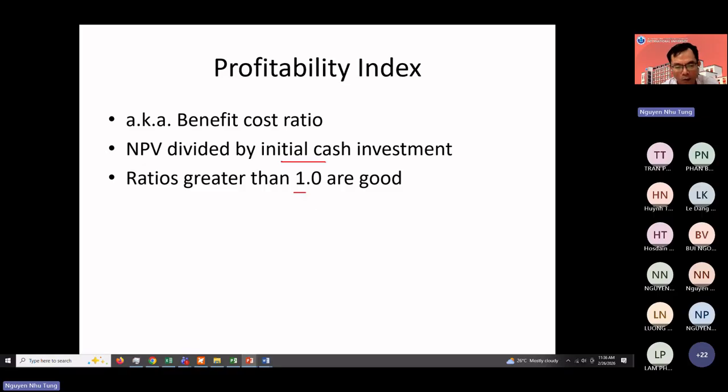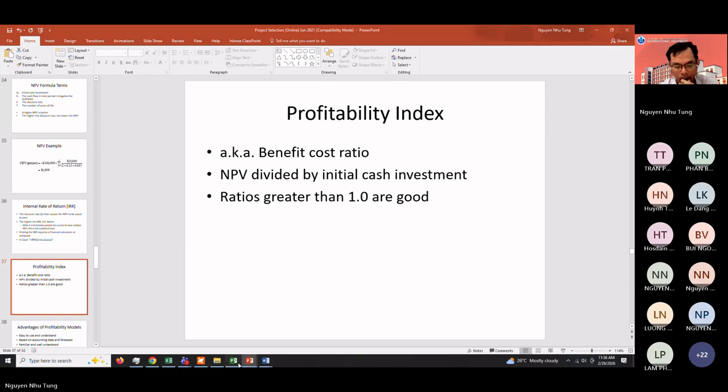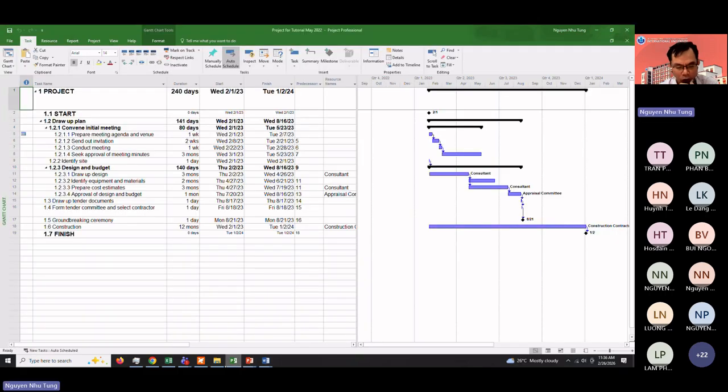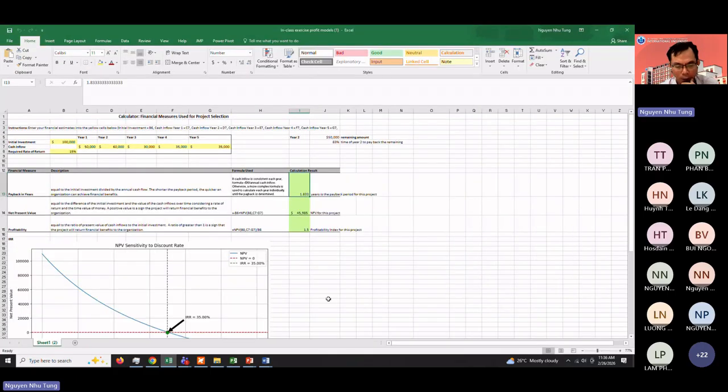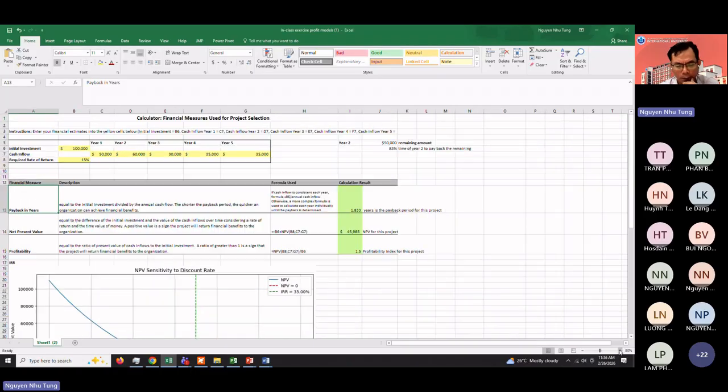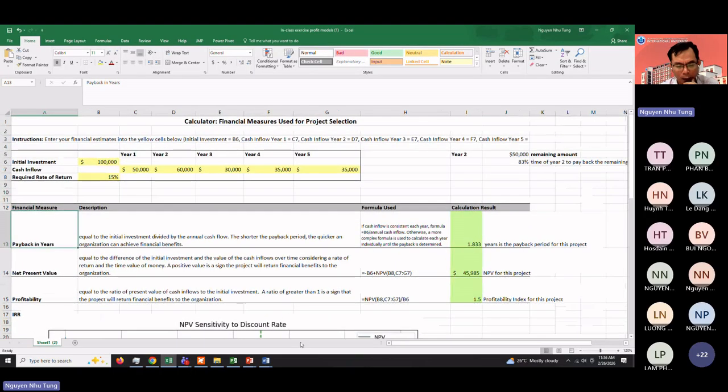All right, so let's move to the long shot. One example of the financial metrics. I will go fast, right? And I also share one Excel example in the Blackboard so that you can practice again at home.